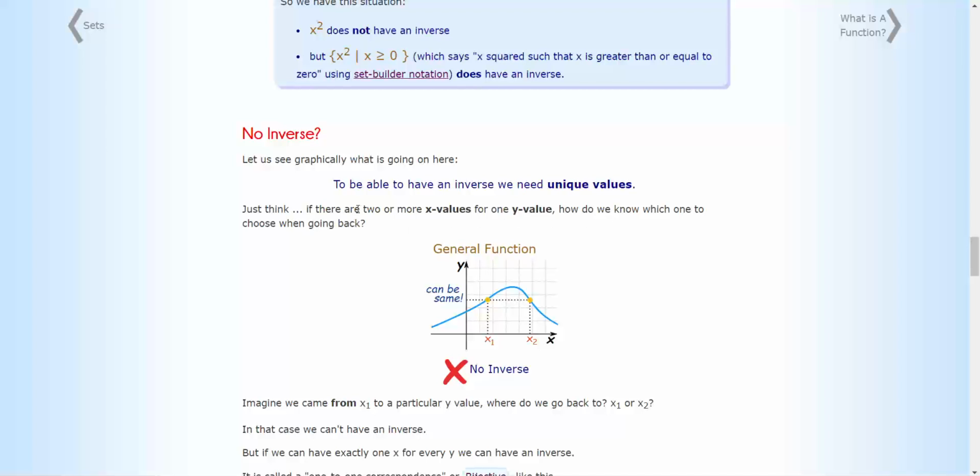It's like 2 or more values pointing to the same value. That's tricky, there's no way. It's pretty hard to do an inverse here. Imagine we came from x1 to a particular y value. Where do we go back to? x1 or x2? In that case, we can't have an inverse.